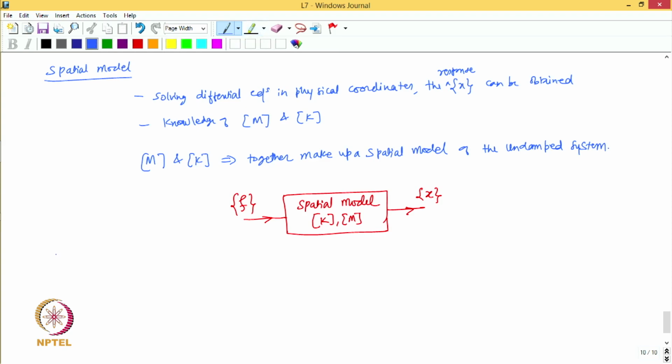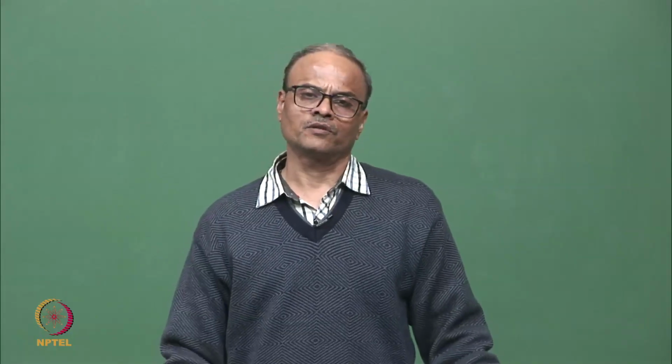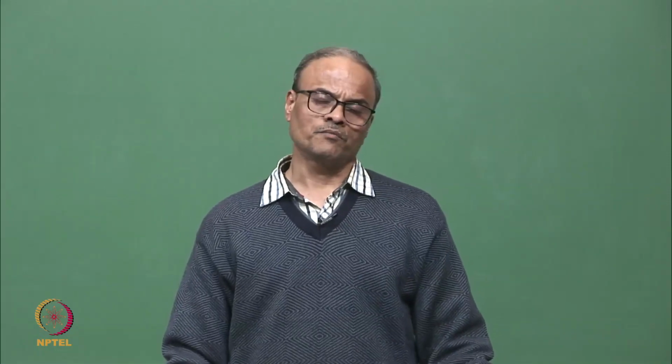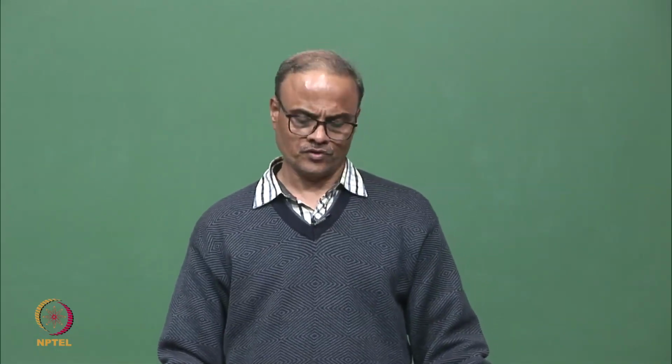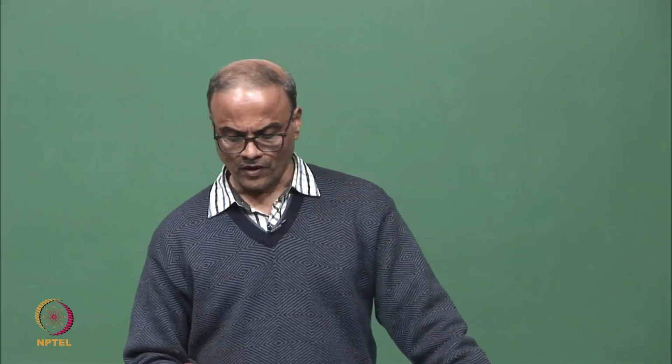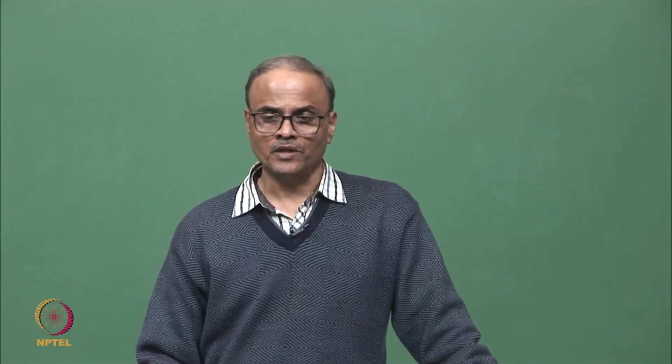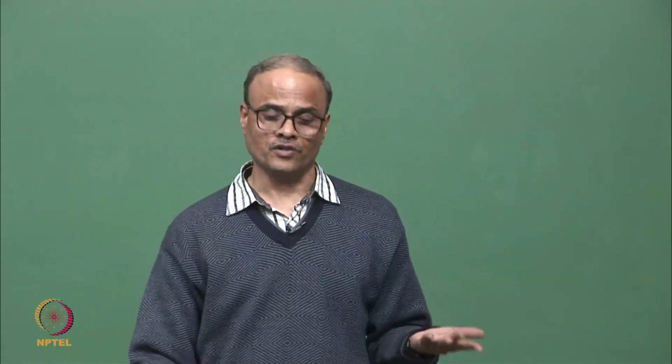Then there is also something called modal model. We also saw that if the eigenvalues and eigenvectors of the system are available, right, then the response of the system can be found for a given excitation force, right. So, if eigenvalues and eigenvectors are there, we can find the response of the system if the excitation force and initial conditions are given.